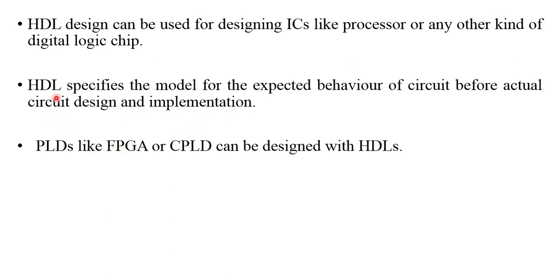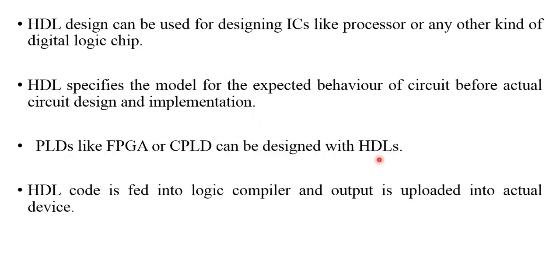The first type is the integrated circuit, and these two points come under integrated circuits. The second is PLDs, programmable logic devices. What are programmable logic devices? FPGAs or CPLDs are designed with HDLs. That means integrated circuits are designed with HDL, and PLDs are also designed with HDLs.